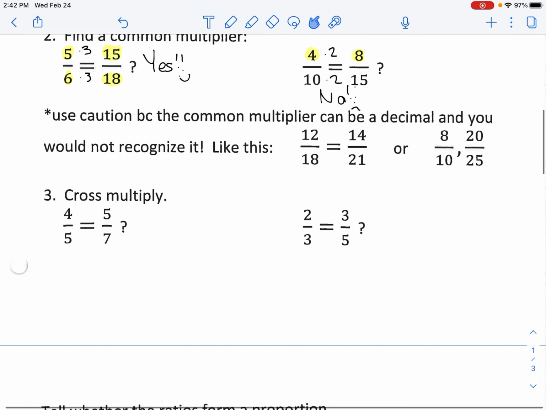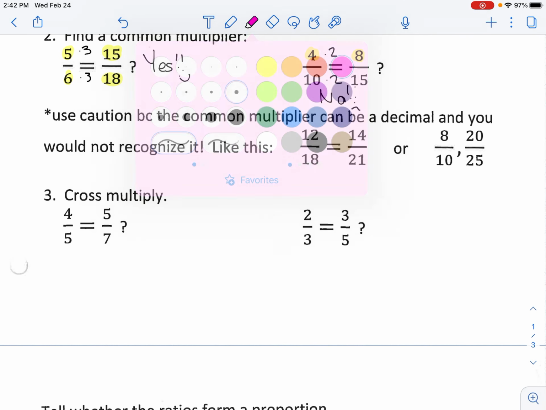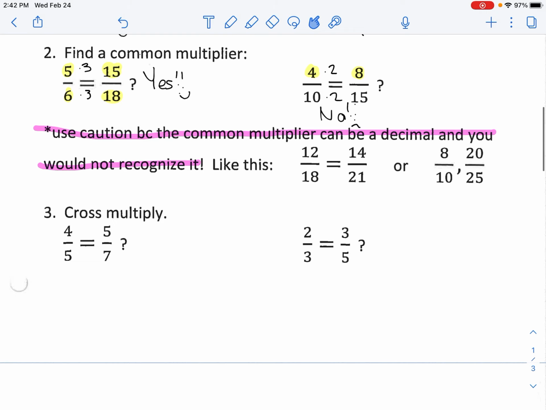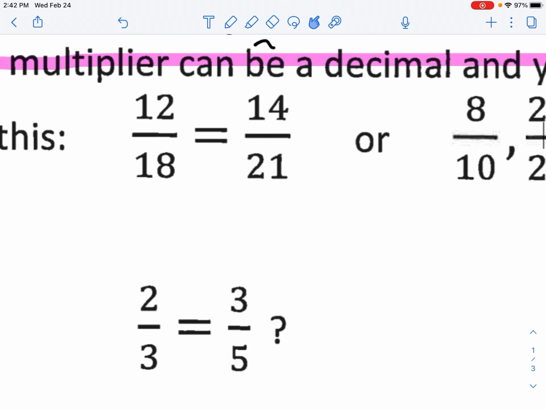Now, I'm going to highlight this in pink. Use caution, because the common multiplier can be a decimal and you would not recognize it. Sometimes your proportions are going to look a little weird, like 12 to 18 equals 14 to 21. Well, if you focus on these numerators, there's no whole number that you can multiply 12 times to get 14.